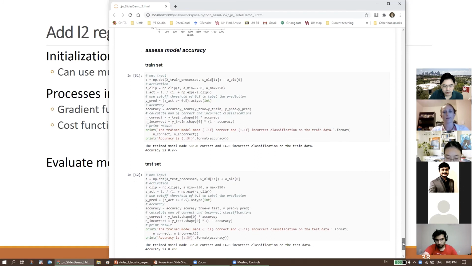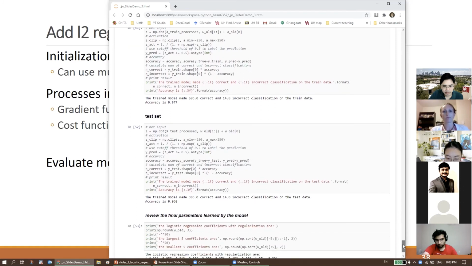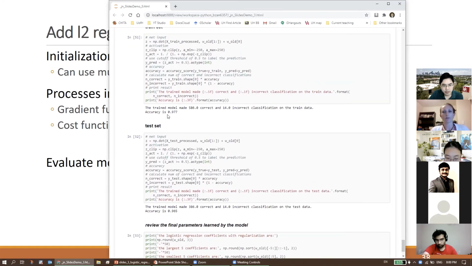And then with regularization, you compare the performance. The train set performance is reduced from 100% to 97%, and that's already quite good. And when you calculate the test set, it's closer to the train set than the previous version of training.